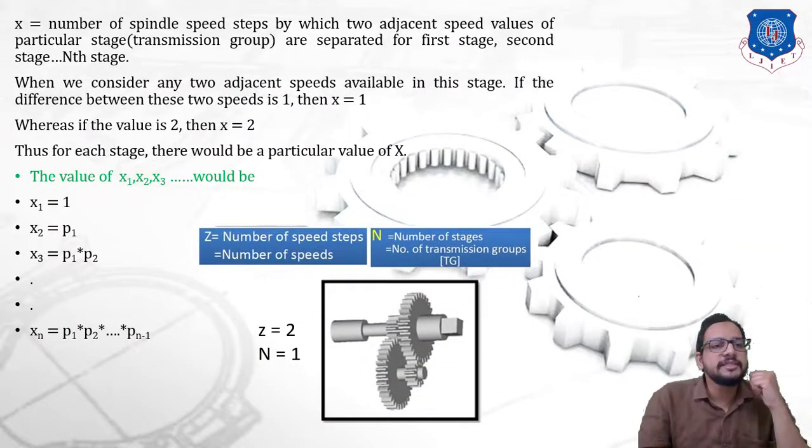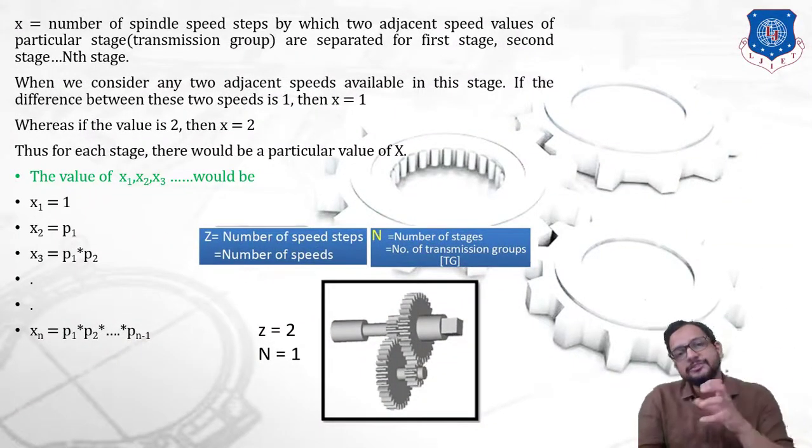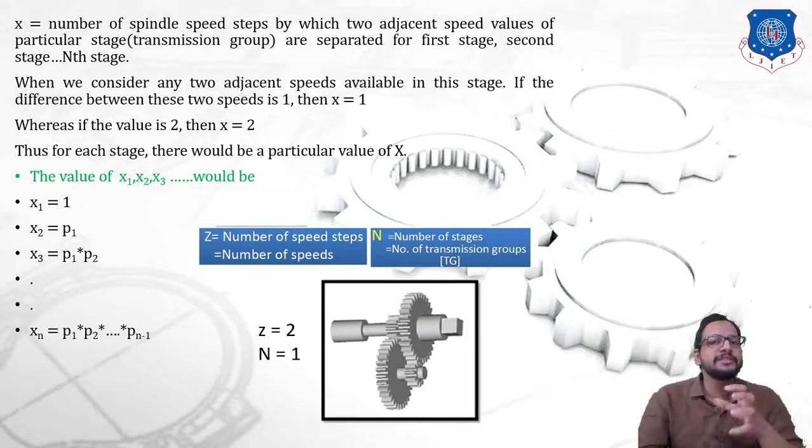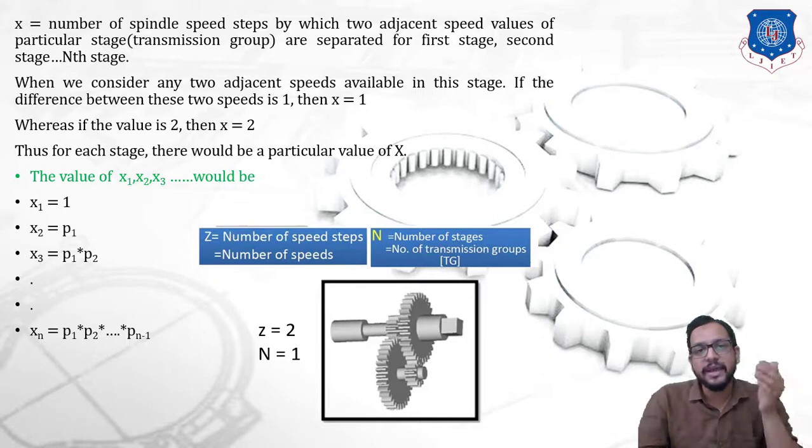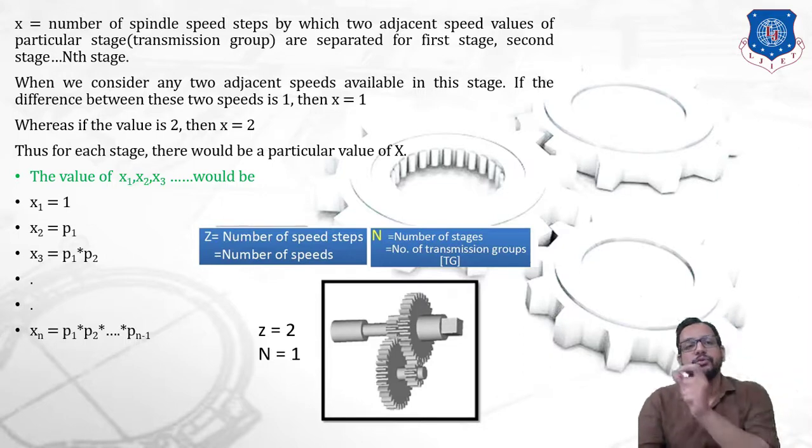Now, as you can see, x indicates the number of spindle speed steps by which two adjacent speed values of a particular stage are separated, for the first stage, for the second stage, up to the nth stage. When we consider any two adjacent speeds available in this stage, if the difference between these two speeds is 1, then we would say x is equal to 1.